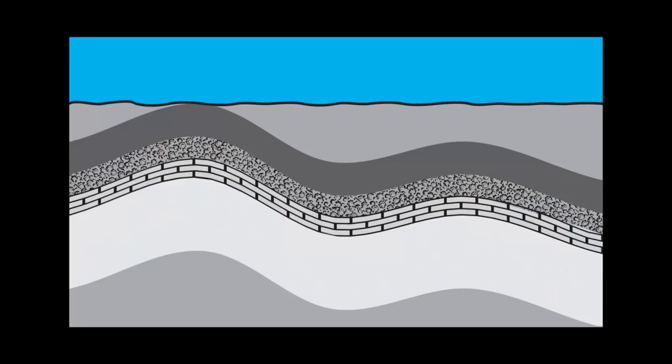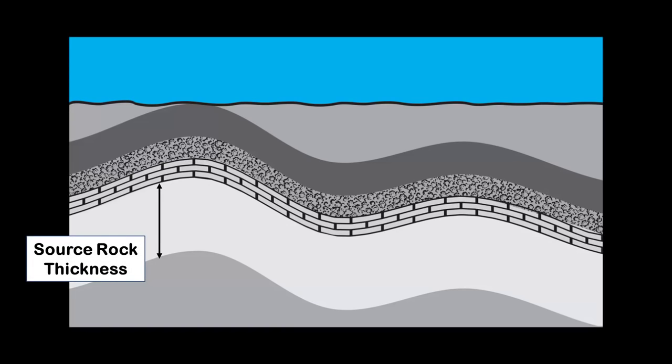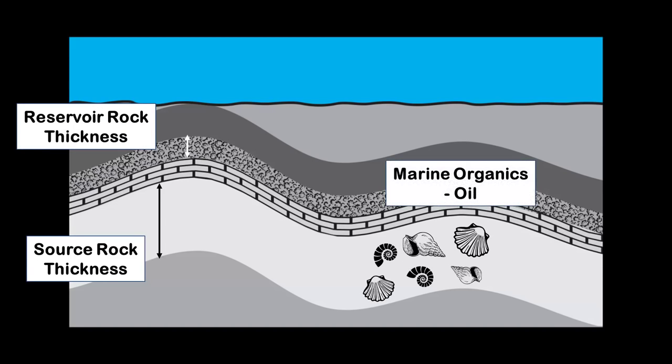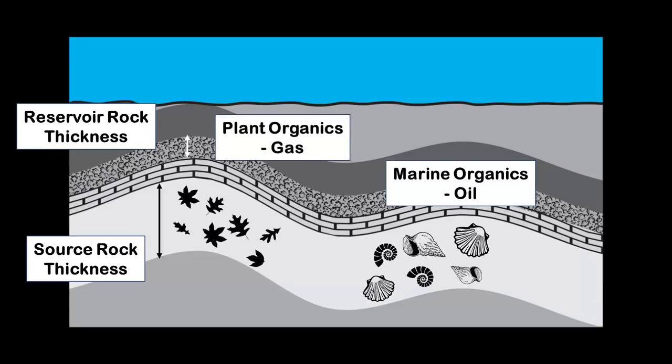There are also some other features of these characteristics which we are also very interested in, such as the thickness of the source rock to ensure that enough hydrocarbons have been created, the thickness of the reservoir rock to know how much hydrocarbons we can acquire. We want to know what type of organic material was present at the time of deposition, marine organics for oil, and plant organics for gas.